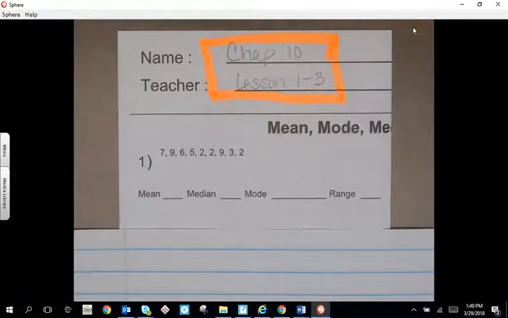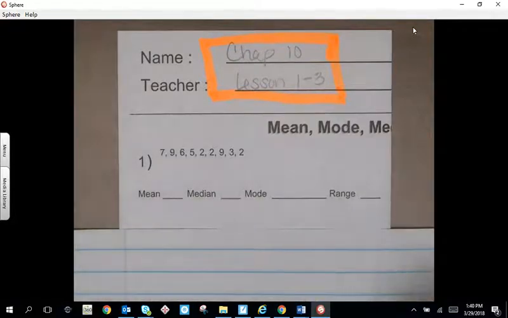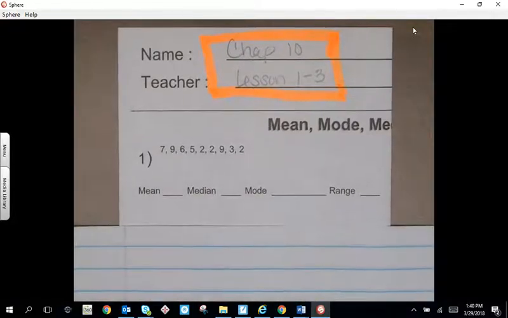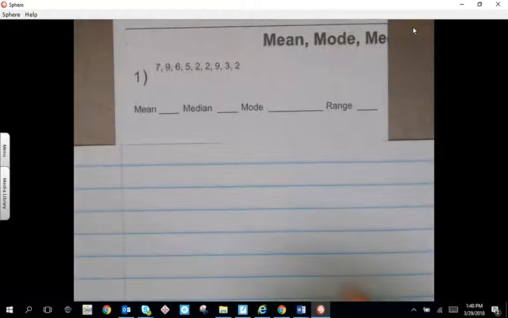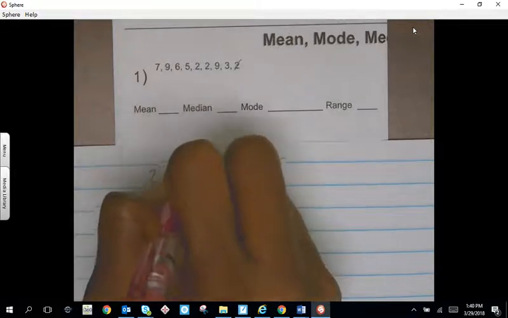All right, so taking a look at this, here's my data set. Remember, the very first thing that I want to do is put my numbers in order from least to greatest. So I'm going to write on this piece of paper just so I have some room. I have 2, 2, and 2.